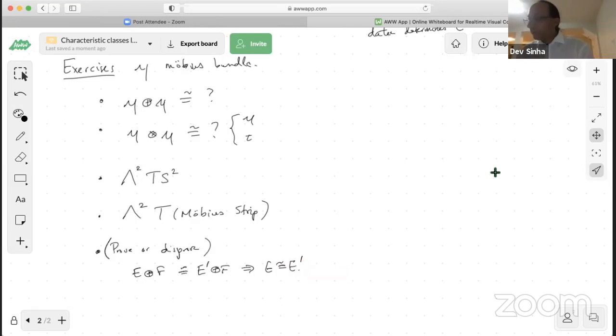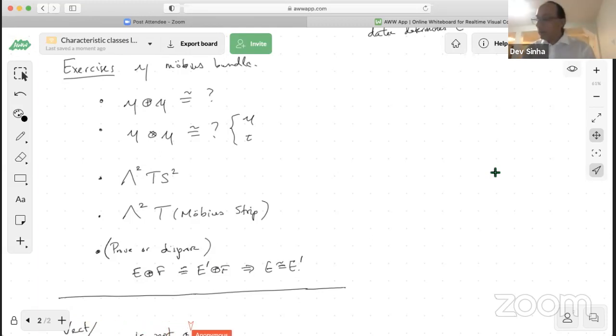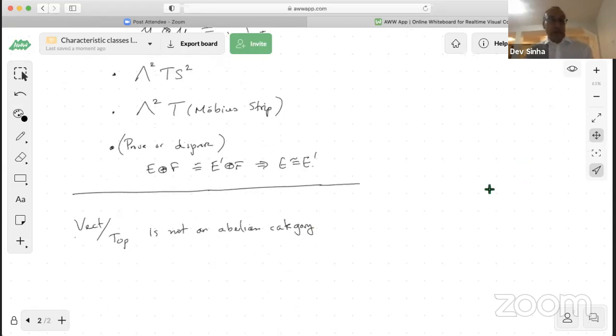Great. And then finally, I wanted to talk about one of the main deficiencies of Vect over Top. So Vect over Top is not an abelian category. That means it's not a good place to do homological algebra. I mean, homological algebra of classical vector spaces isn't that interesting, so you might say that's maybe not that big a loss, but you would think it should be very interesting in this case.